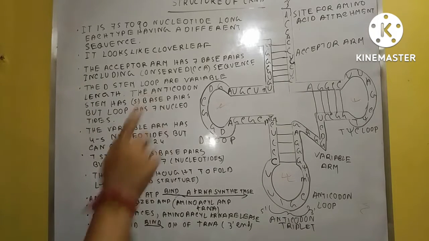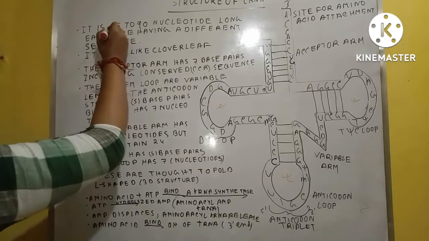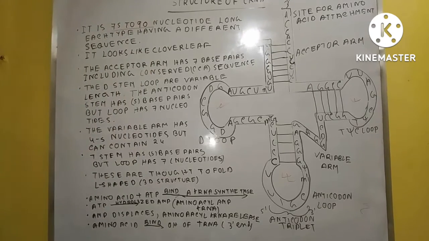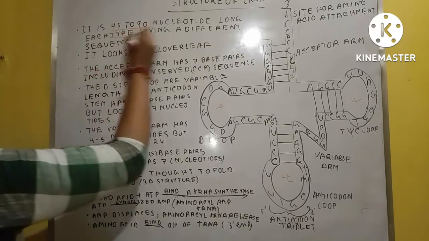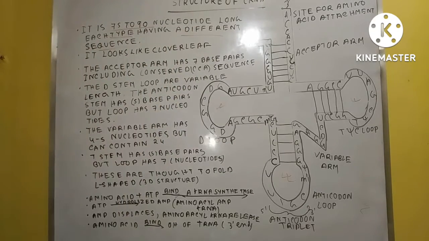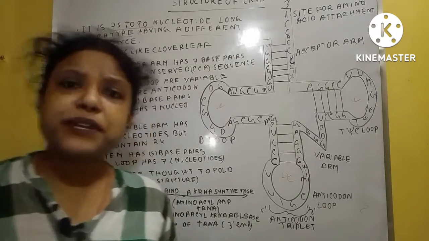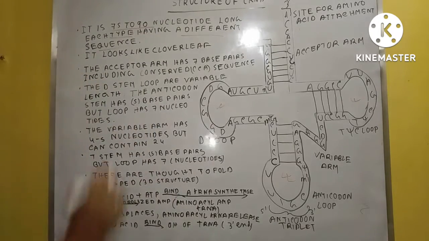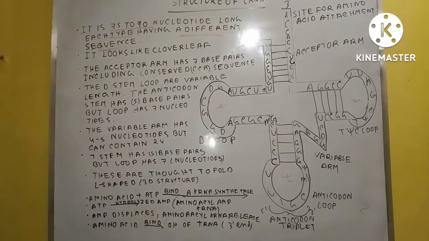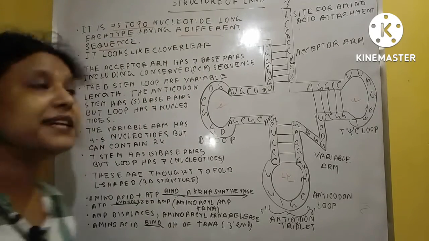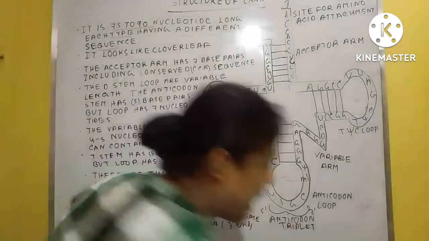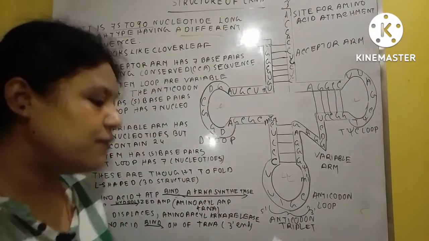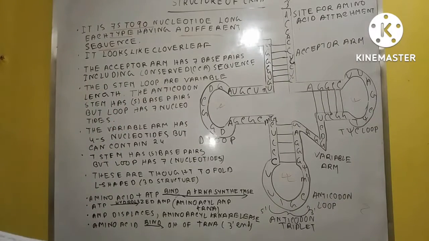Generally tRNA is 75 to 90 nucleotides long, and each type has a different sequence, by which one tRNA is separated from another tRNA, because one tRNA's sequence is not similar to the other's. Another way to say it is that the differences in the nucleotide sequences give the ability of a particular tRNA molecule to bind a specific amino acid.